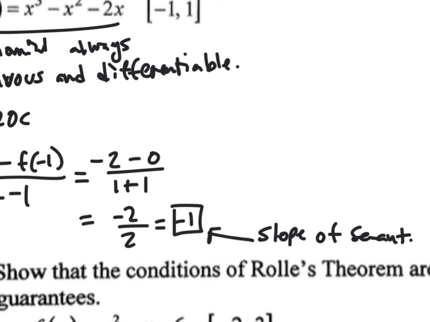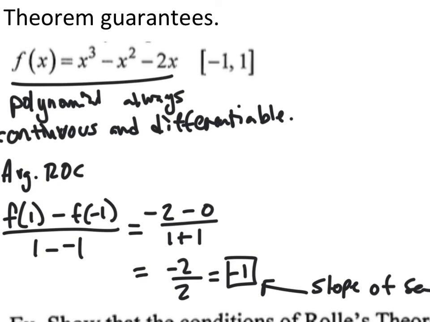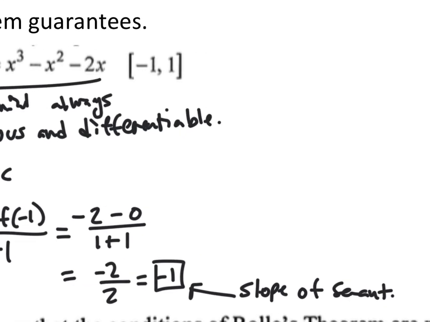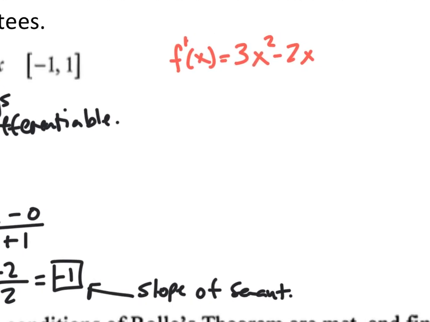Now, what I want to do is take the derivative of my function f. So f prime of x is equal to 3x squared minus 2x minus 2. And I want to set my derivative equal to negative 1.